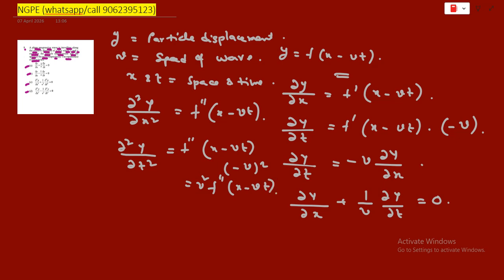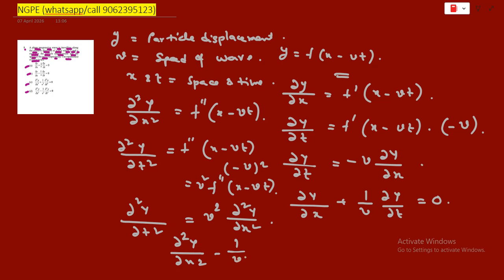Now if we substitute the first into the second, we get the legendary, the iconic equation I should probably tattoo on my arm: d2y dt2 is equal to v square d2y dx2. Rearranging, we get del 2y del x2 minus 1 by v square del 2y del t2 equal to 0.